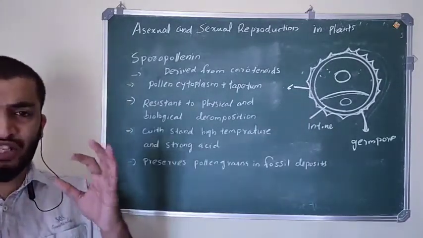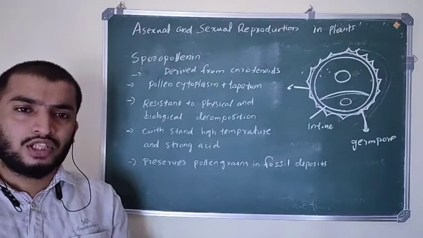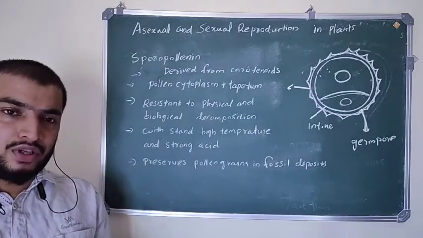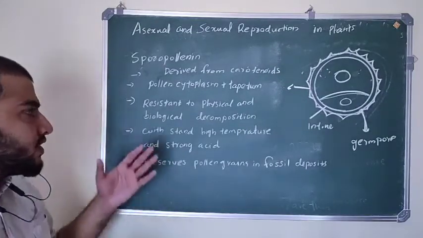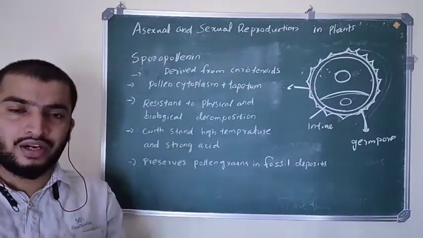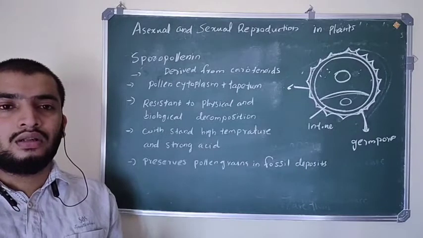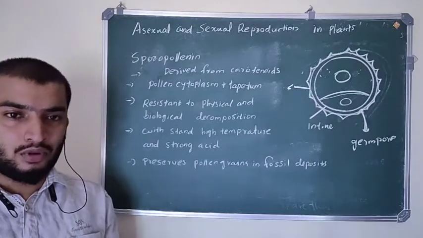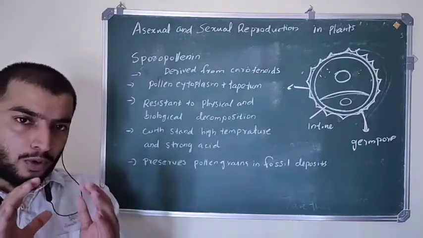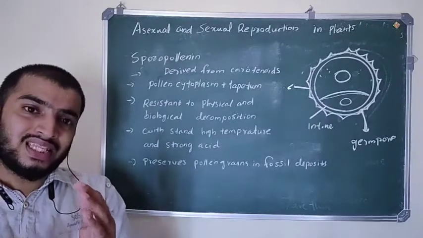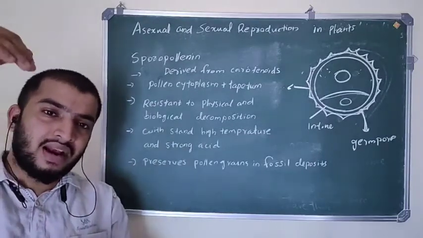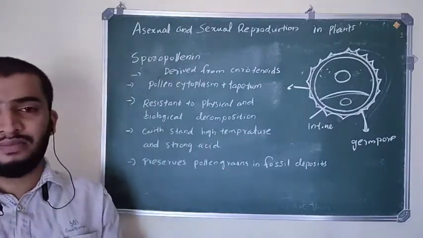Then what are the features of sporopollenin? Sporopollenin is resistant to physical and biological decomposition. So it prevents the pollen grains from decay and decomposition, and it can withstand higher temperature and the action of strong acid.